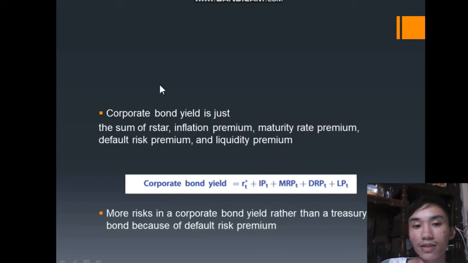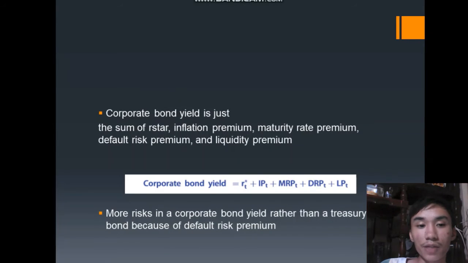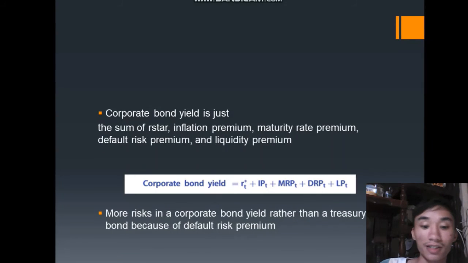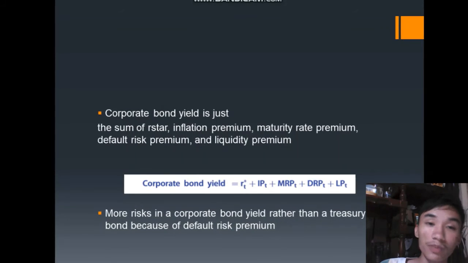corporate bond yield. It is the sum of the R star, inflation premium, maturity rate premium, and the default risk premium. The default risk premium is when the borrower will default, or when the borrower does not make scheduled interest or principal payments.